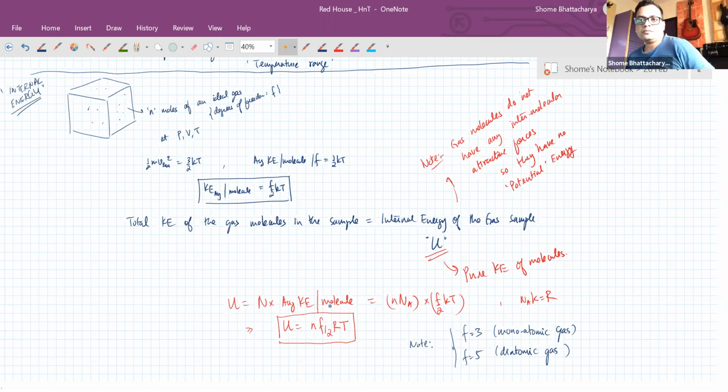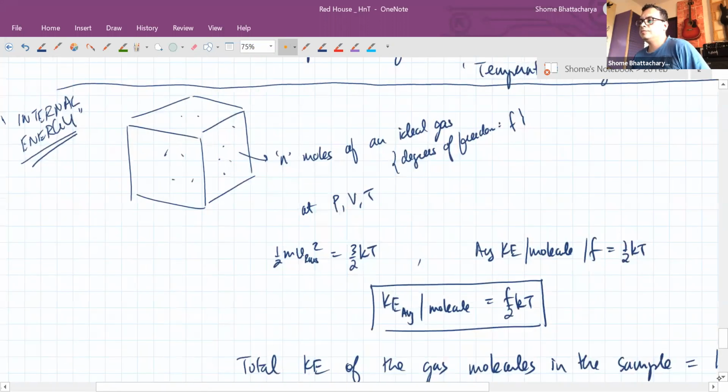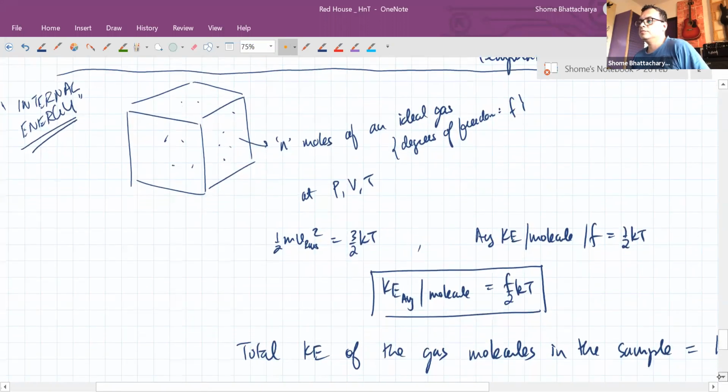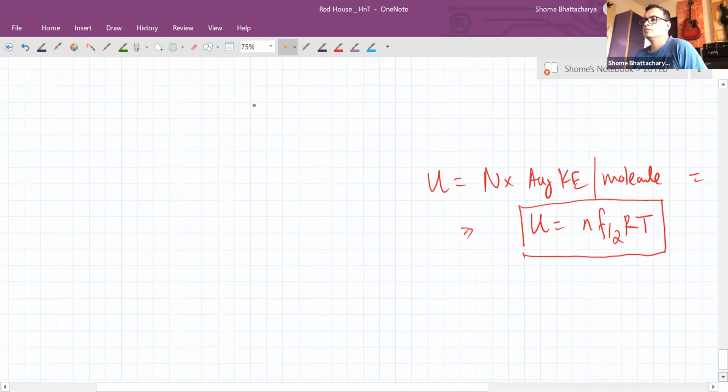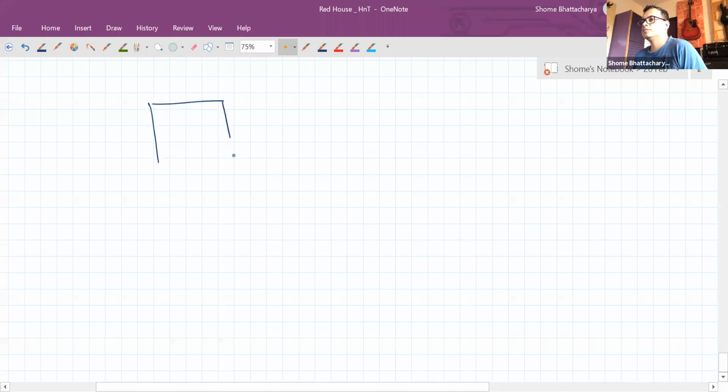Yeah, so let us now start looking at applications of this concept. So we have a gas chamber which has oxygen.